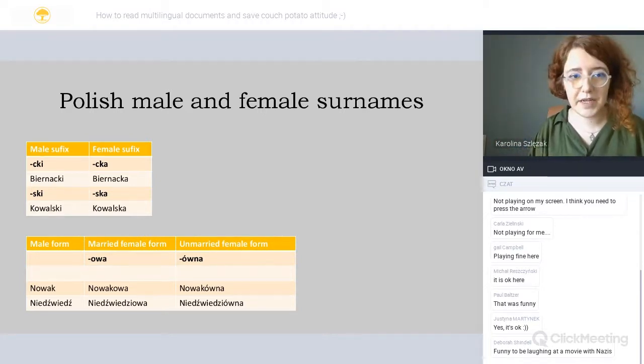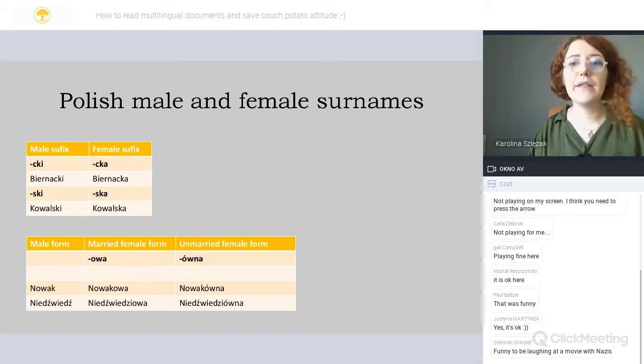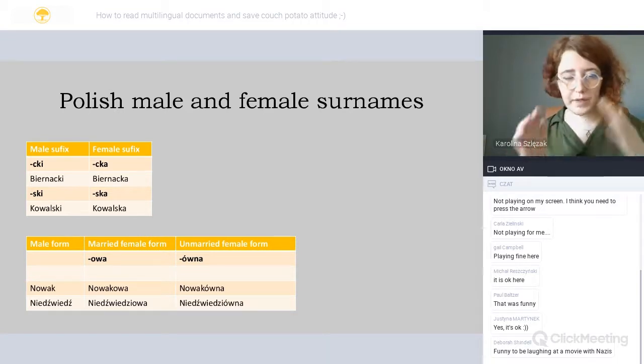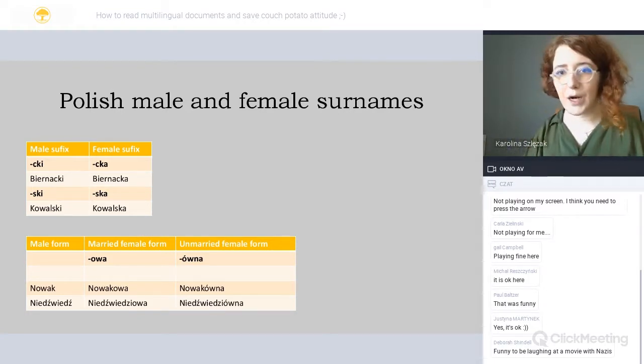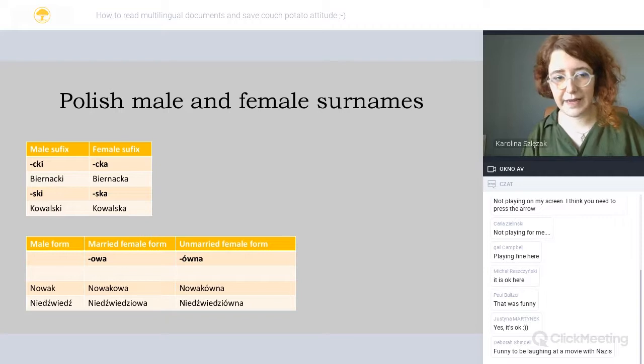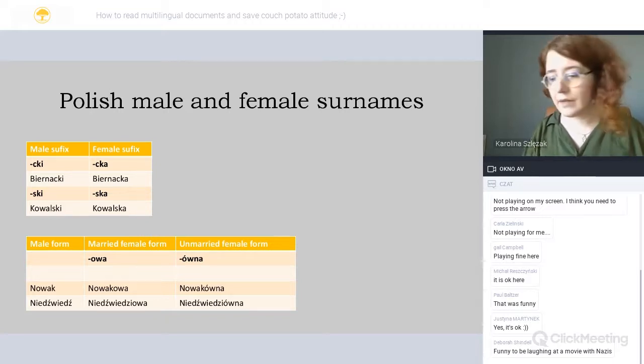And here we go with Polish surnames that might be confusing sometimes, because we are not always aware of things like the gender of the word.